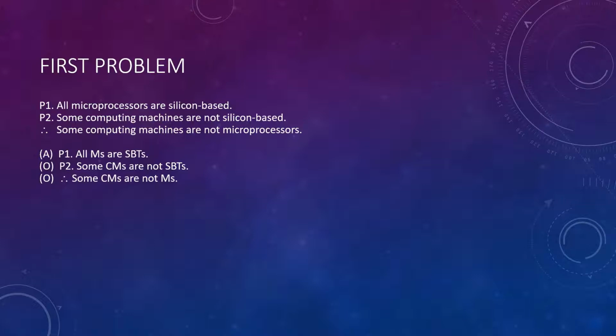We also want to keep track of our subject, middle, and predicate terms. Because computing machines is the subject of the conclusion, it's the S term for this syllogism. Because silicon-based things appears once in each premise and not in the conclusion, it's our middle term.